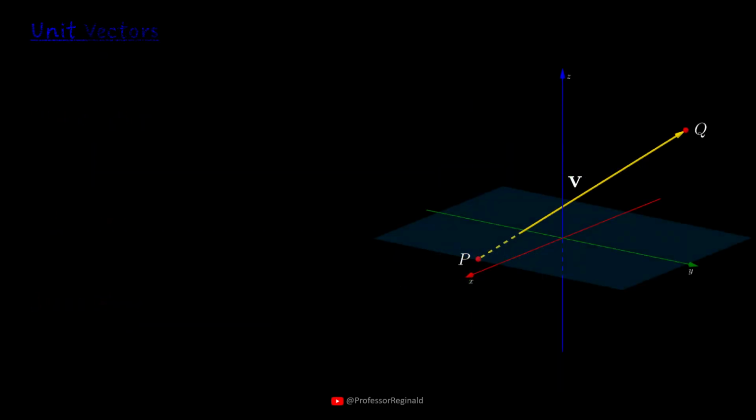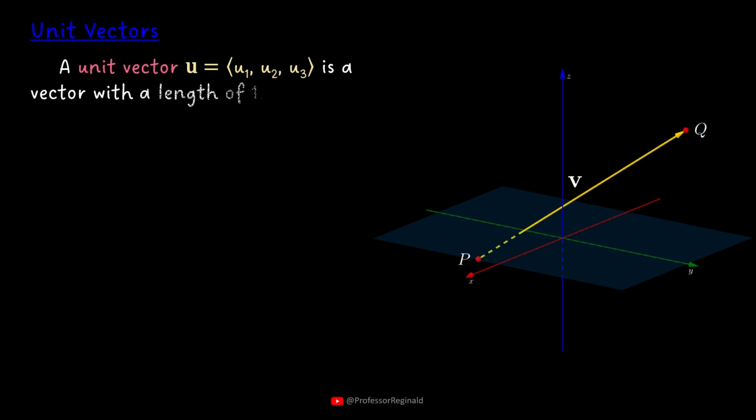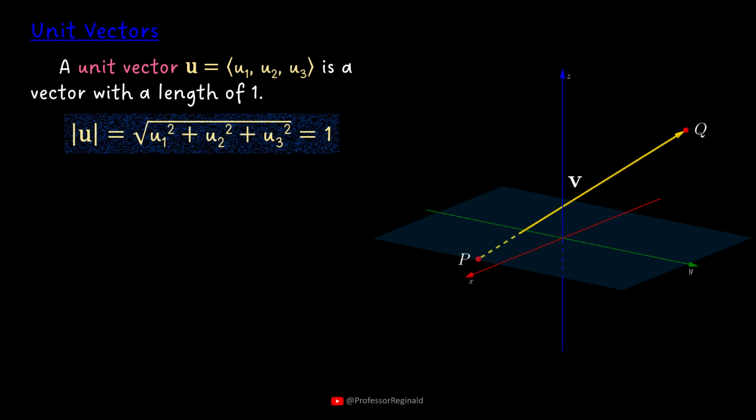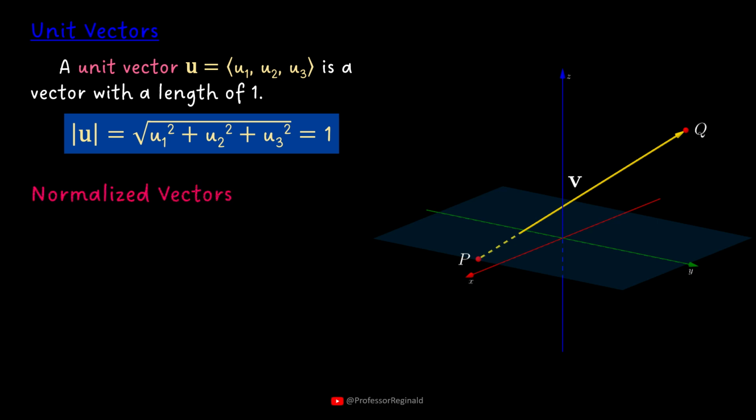Unit vectors. A unit vector is a vector with a length of 1. Normalized vectors. Suppose V is a vector in space.